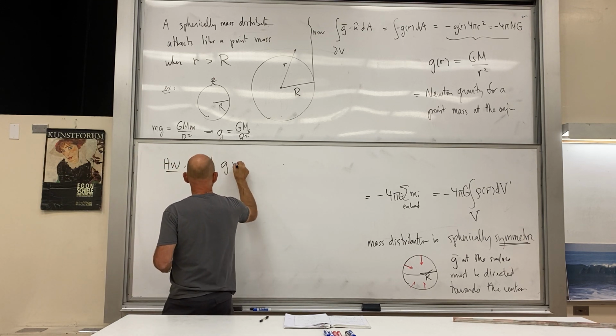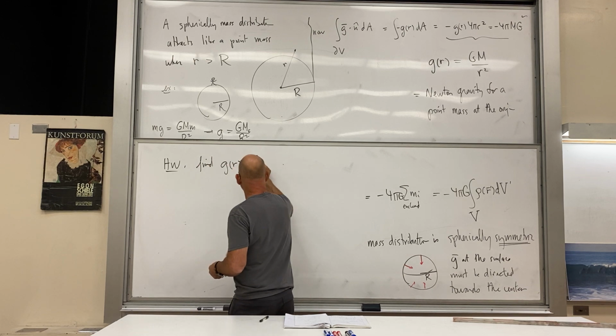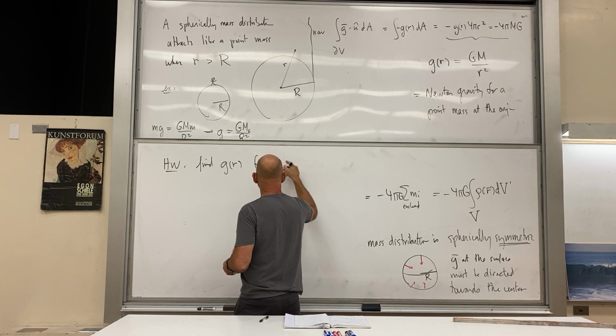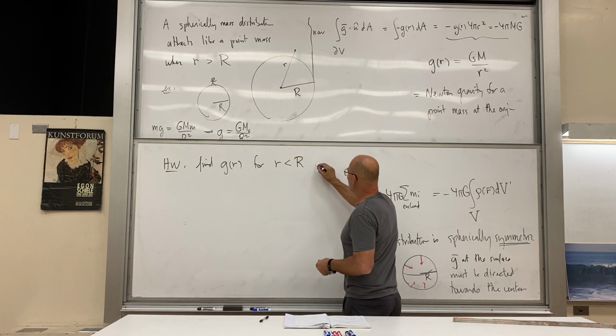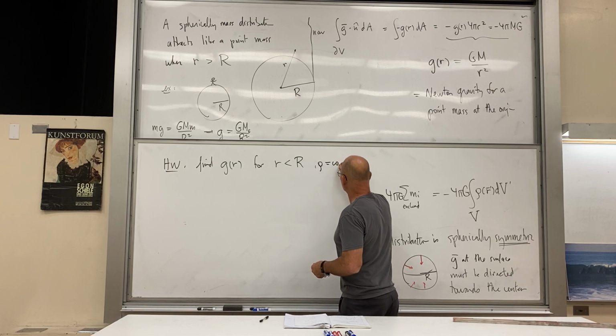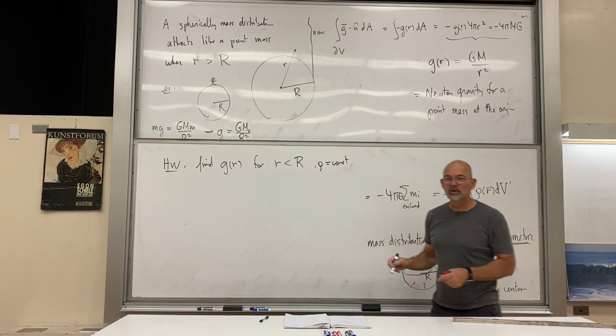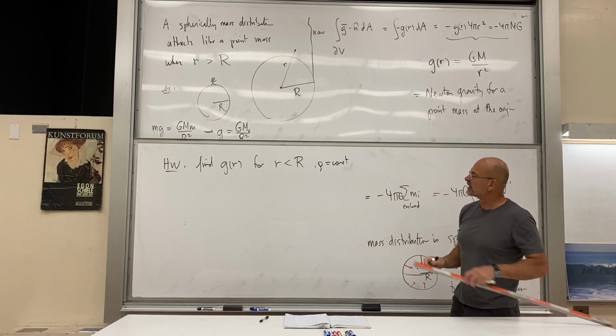Find g of r for r less than capital R, and rho equals constant. So we're going to be saying for a uniform mass distribution. That's a famous result.